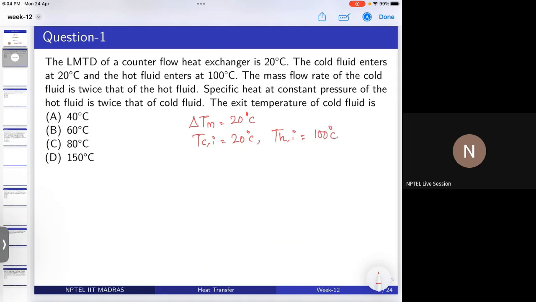The mass flow rate of the cold fluid is twice that of the hot fluid, and the specific heat Cp of the hot fluid is twice that of the cold fluid. These are the basic given data, and you are asked to find the exit temperature of the cold fluid, that is TCO. Have we got the answer?